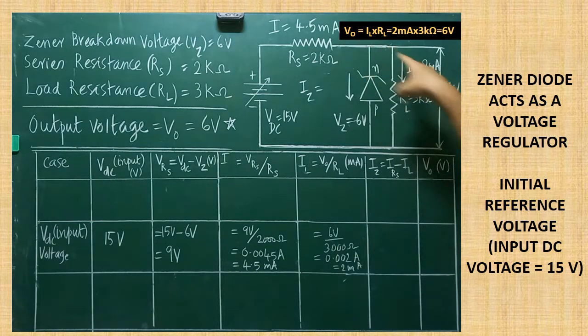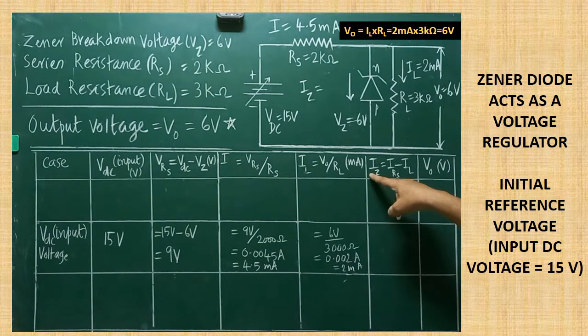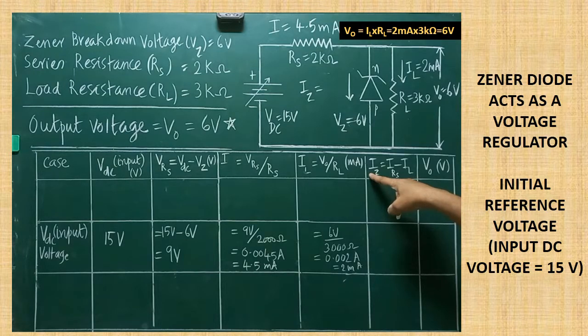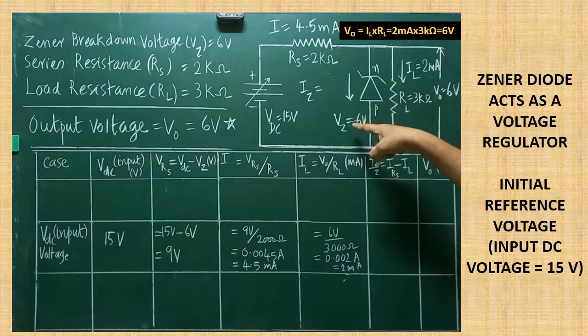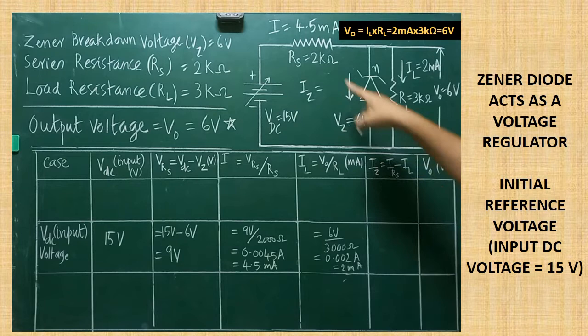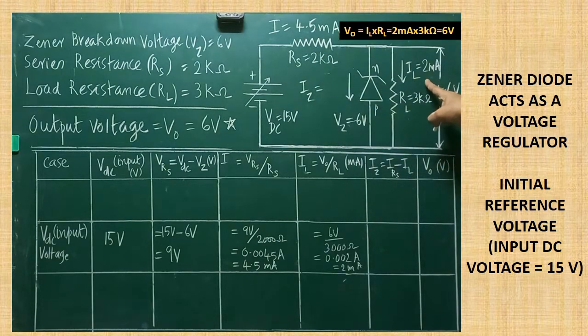By knowing these two currents, which one can be calculated? With the help of Kirchhoff's law, we are able to calculate IZ. IZ is nothing but total current minus IL. Therefore 4.5 minus 2 is equal to how much?